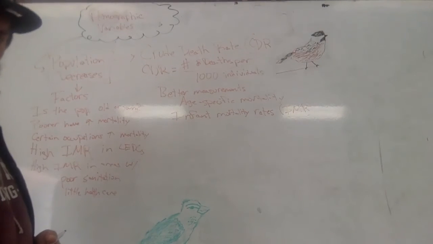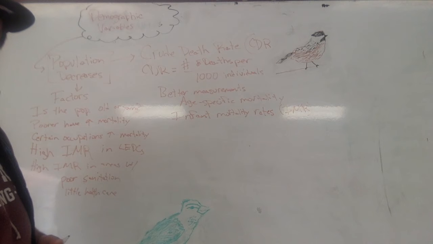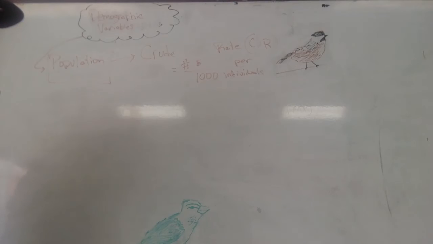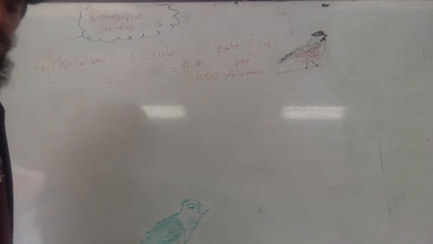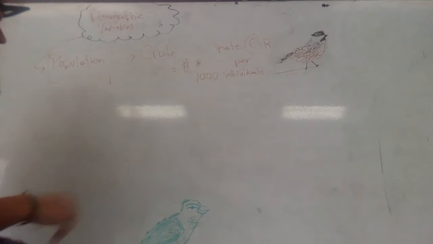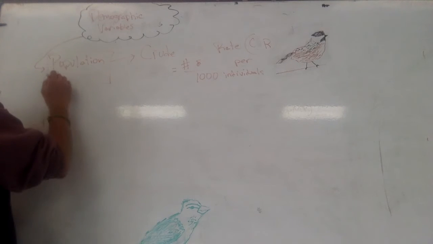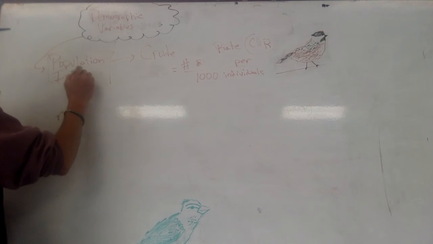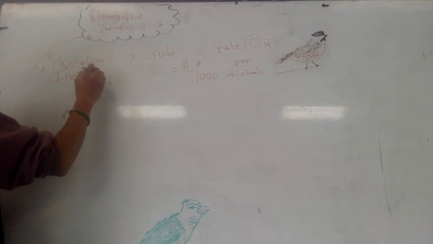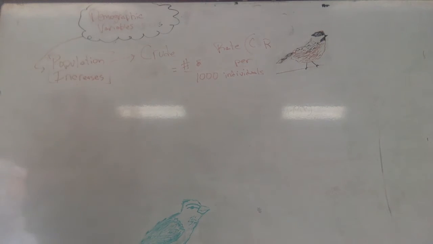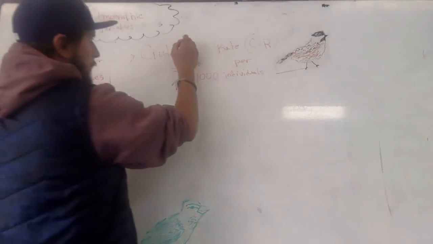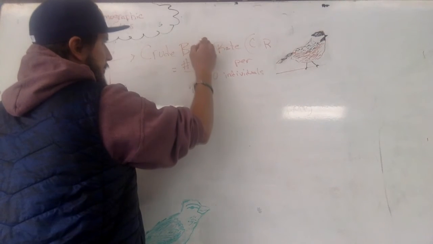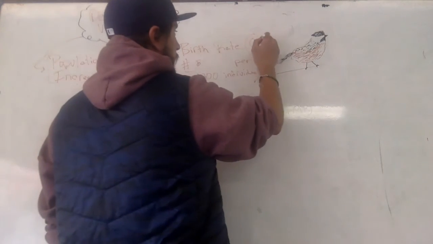I'm going to pause once again and erase this for crude birth rates. Okay, so now looking at the opposite side, we're going to look at different things that would increase a population. We had crude death rates before, so now we're going to have crude birth rates, or CBR.